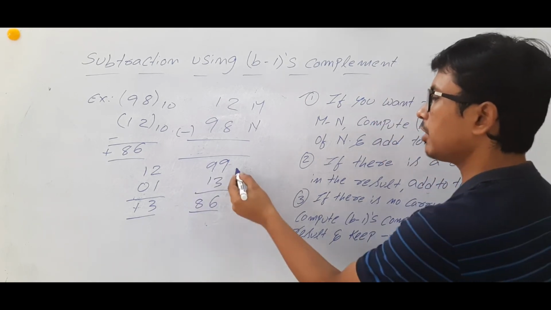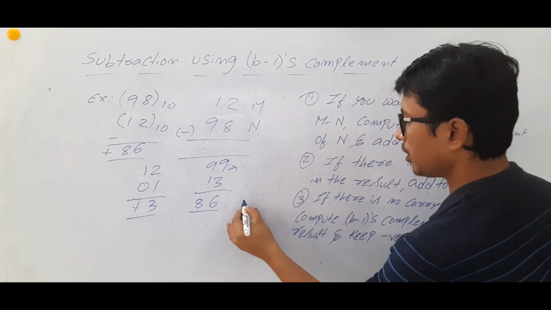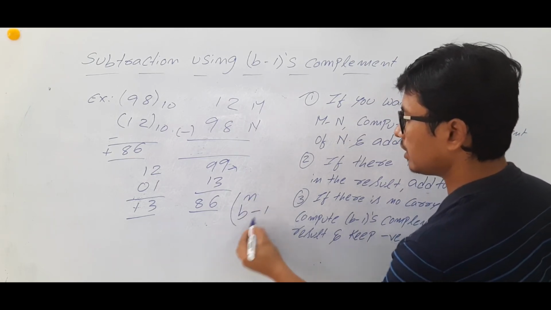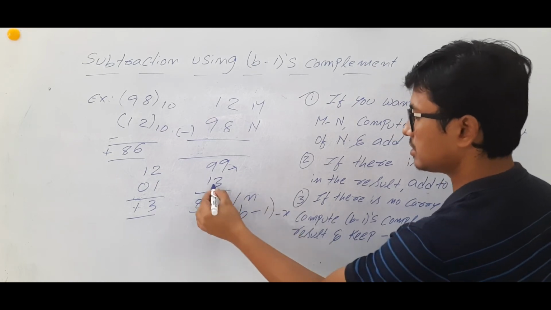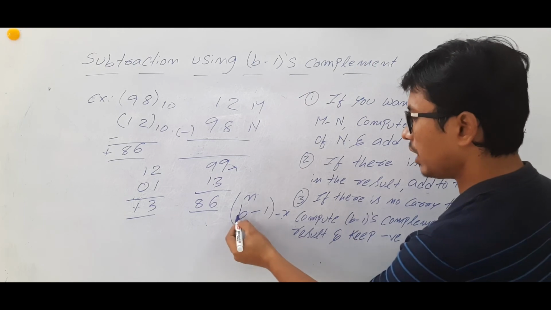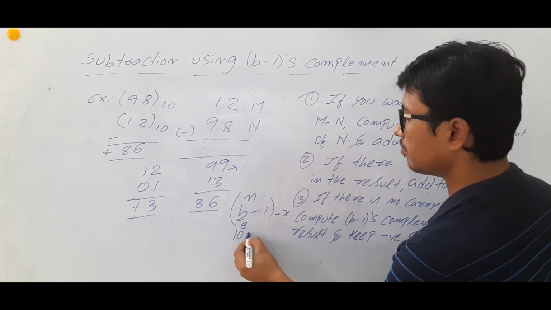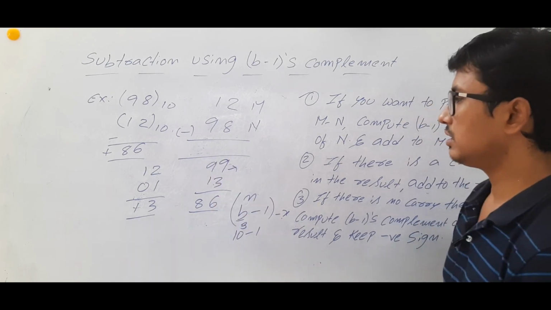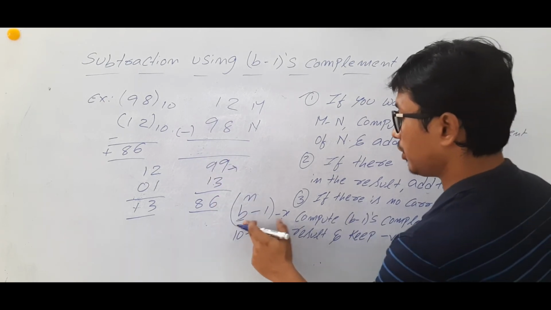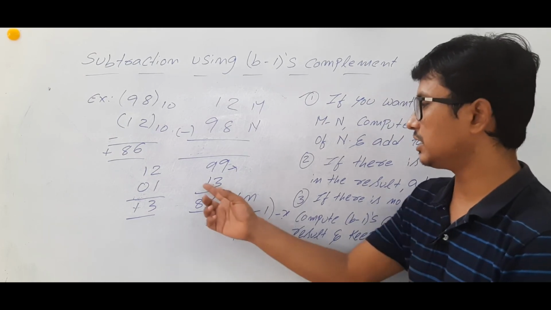See, maybe people are confused about how I got this 99. It is b power n minus 1 minus x. This is your x and this is b power n minus 1. What is b? 10. 10 power 2 minus 1, because 13 is a 2-digit number.